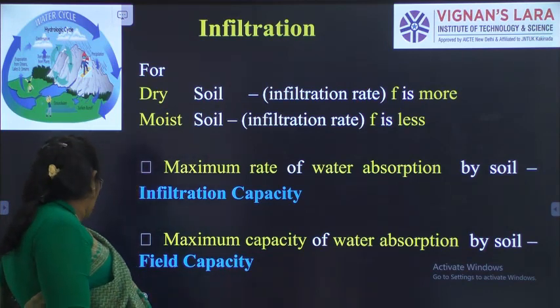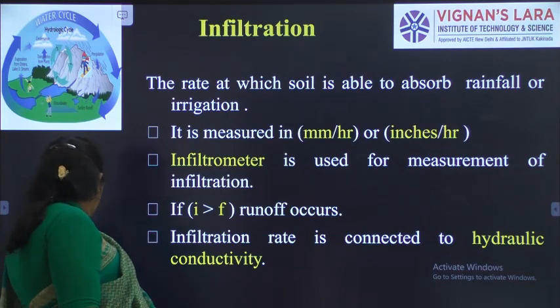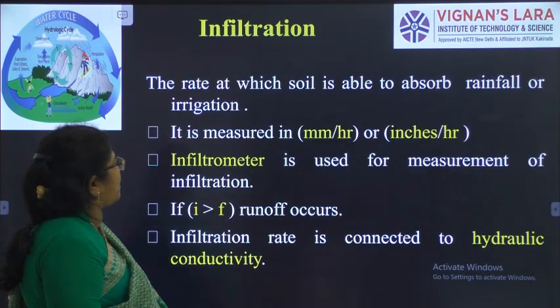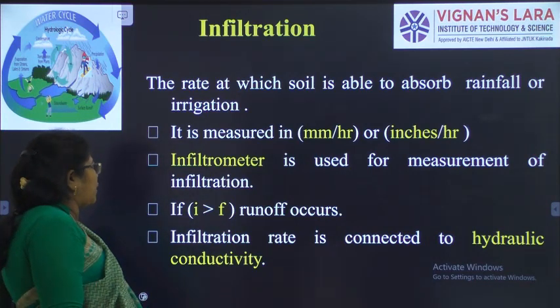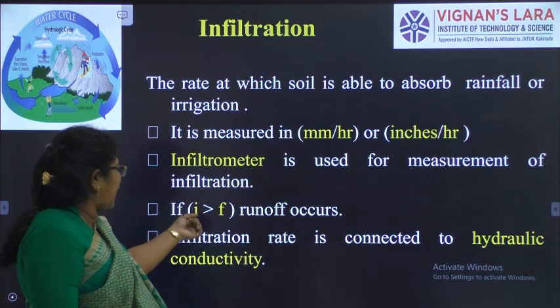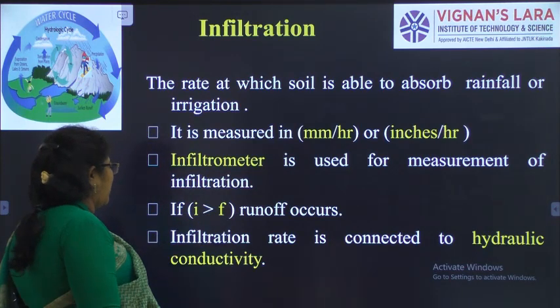Maximum capacity of water that is absorbed by the soil we call the field capacity. The infiltrometer is used to measure it. And when the rainfall I is greater than F, then runoff occurs.